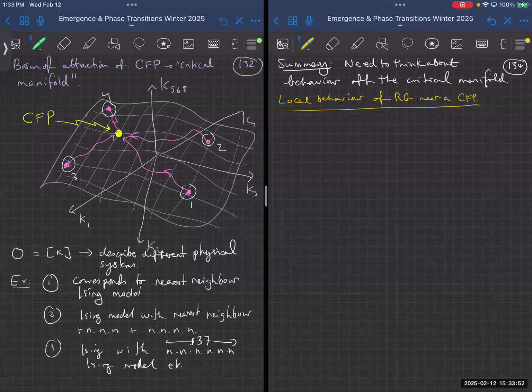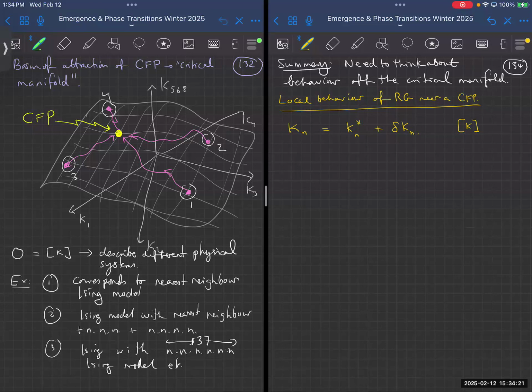Okay, so the idea is this. Let's take our coupling constants. They're basically a vector, one coupling constant for each of the local operators. Let's choose the nth one. I'm going to write that as Kn star plus delta Kn. So basically I've got my vector of coupling constants.